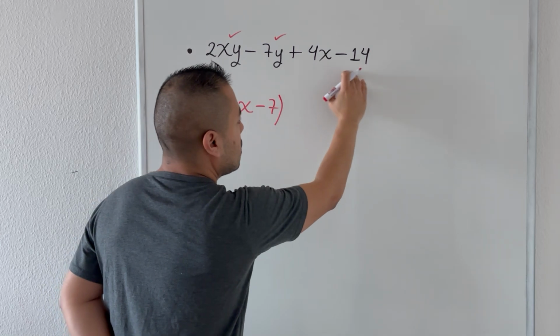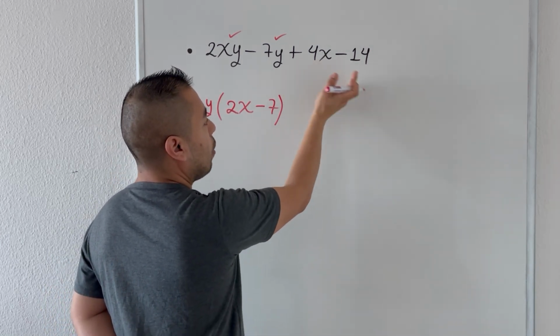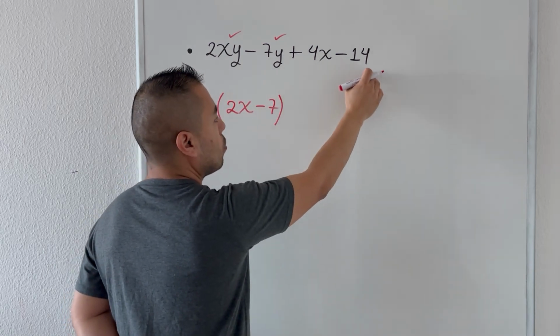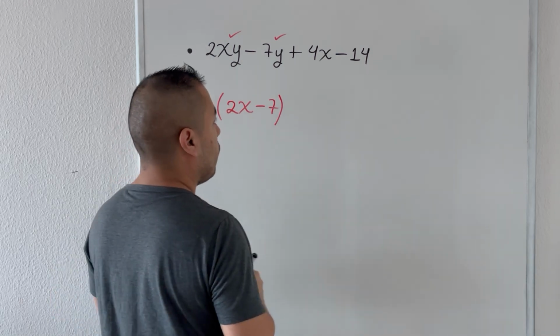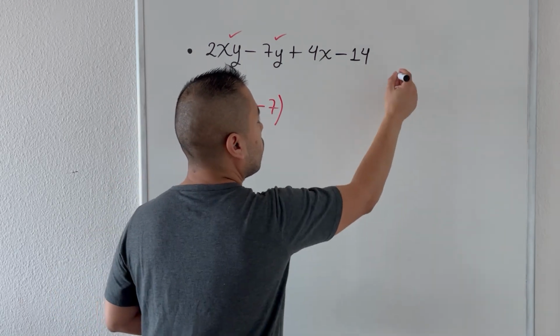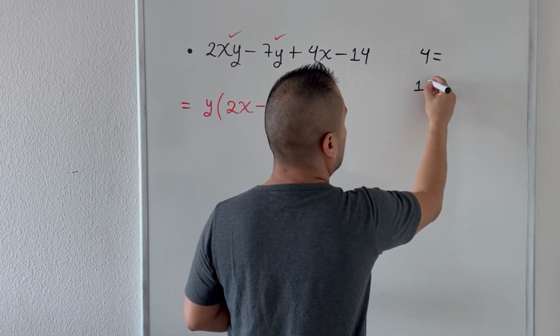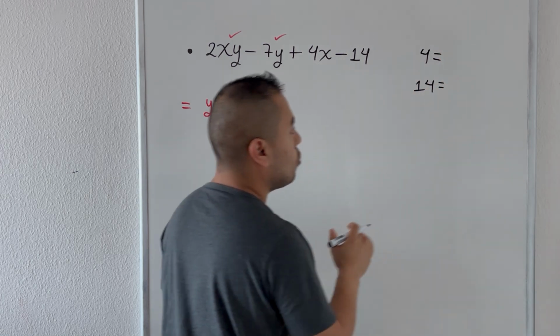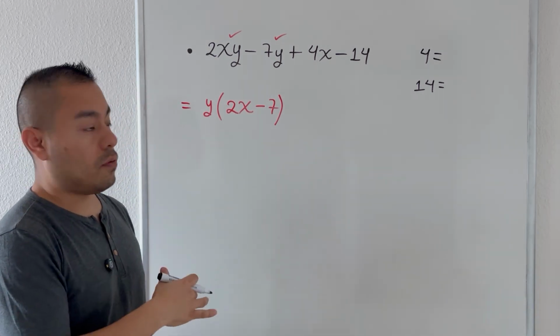Now, we are missing these two ones over here, and what I will do is to take out what is in common between these two. And if you observe, we have a number 4. I will write it over here. We have a number 4, and we have a number 14. What I need to do here is to obtain the maximum common factor that we have discussed before.